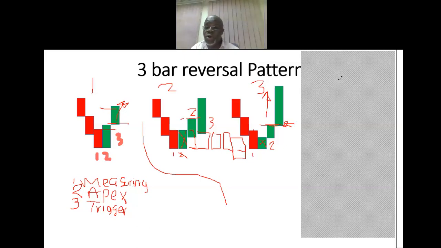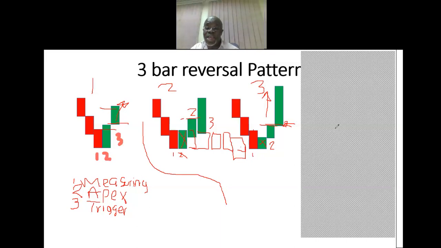Now example 4, a little weird, but anything like this can happen in the market. It comes down, is a measuring candle. Then the apex candle is like a giant. It actually overshadows this other candle.